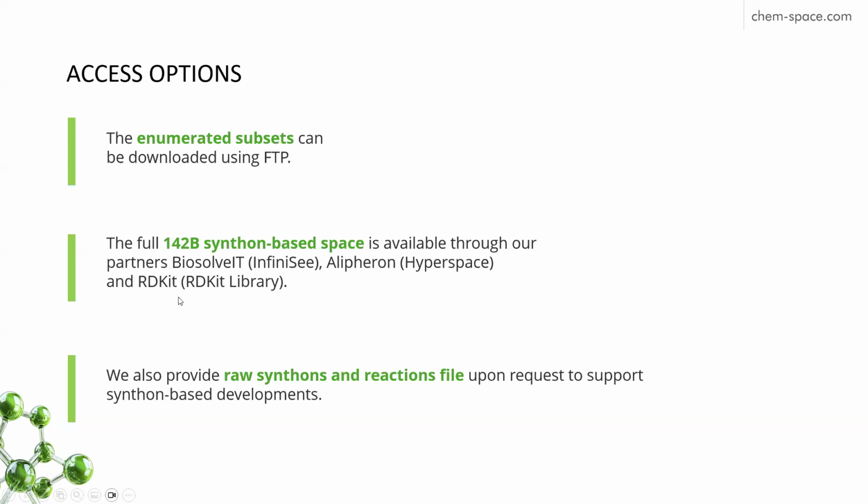David will talk about this option a lot today. To enable the RDKit search, you need access to the synthons and reaction file, and we also provide you with access to this information. You just need to contact us, we sign a licensing agreement, and we provide this data for free.